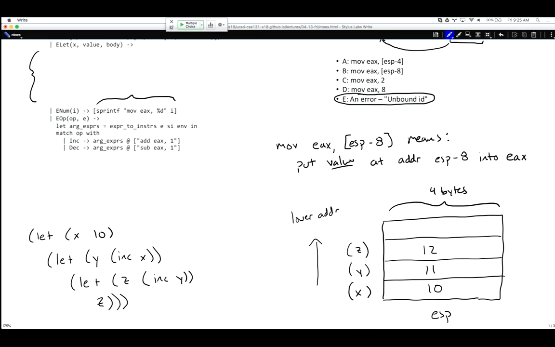Thoughts on how to get started? So there's going to be something that has the move with the memory address as the left argument.